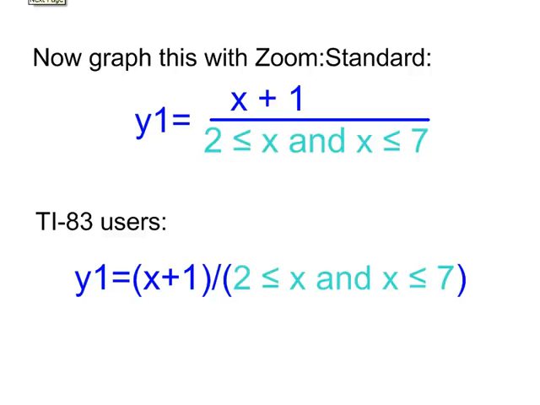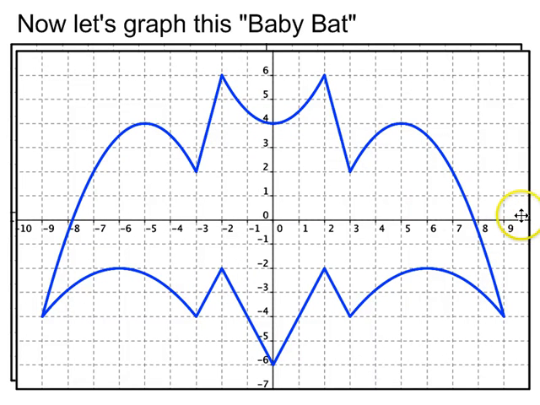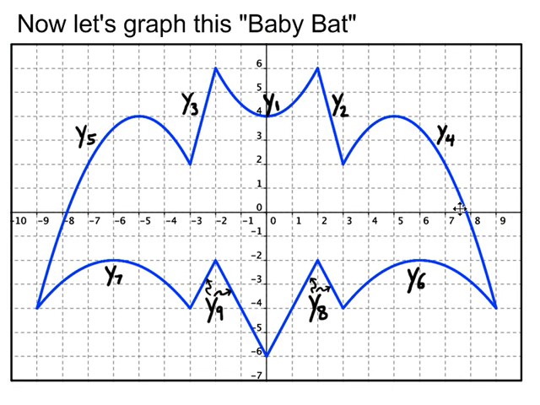So let's jump into the baby bat equation. There's our baby bat. I'm going to label each piece of the baby bat as you see here on the screen. Make sure you notice in particular that Y8 represents both of these line segments. Those are not two separate equations. And Y9 likewise represents both of these line segments.